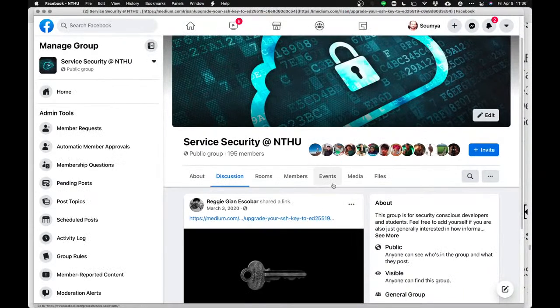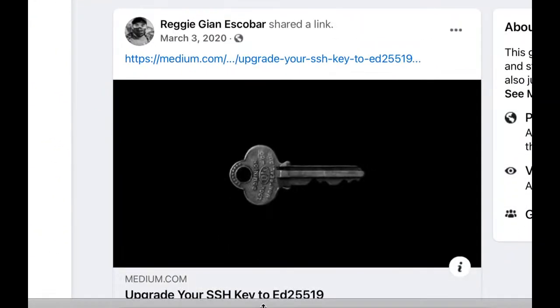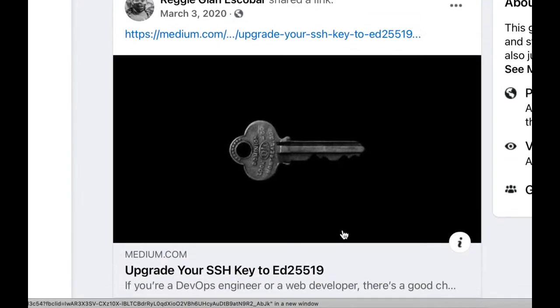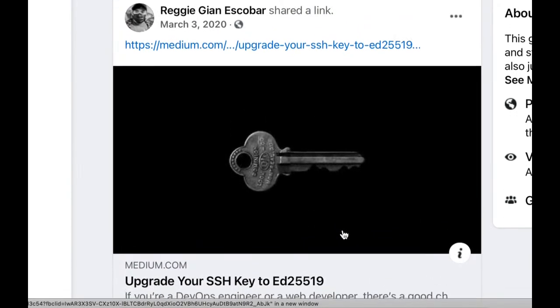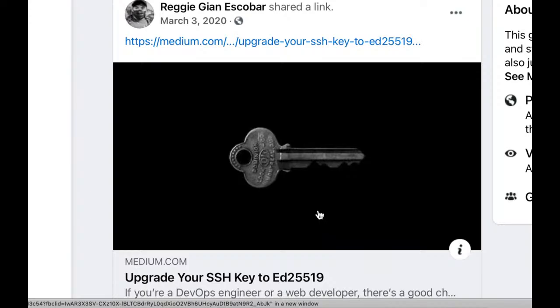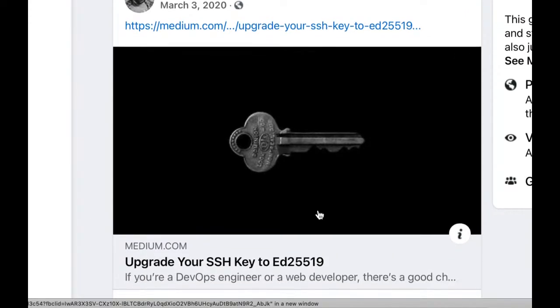Oh, it wasn't me. It was a student from our class who posted this, where basically people are being encouraged to upgrade their SSH keys. Consider upgrading them in these coming years. We've been using RSA, and we have reasons to believe that maybe within the next 10 years, possibly there could be a crack of RSA.